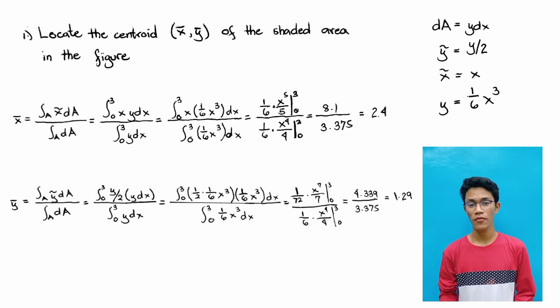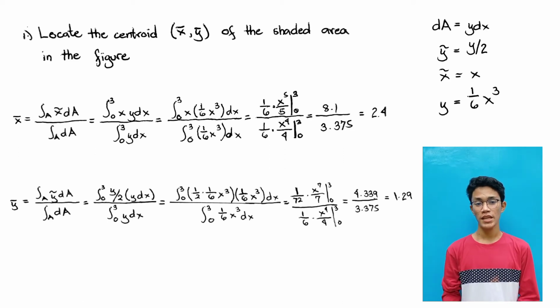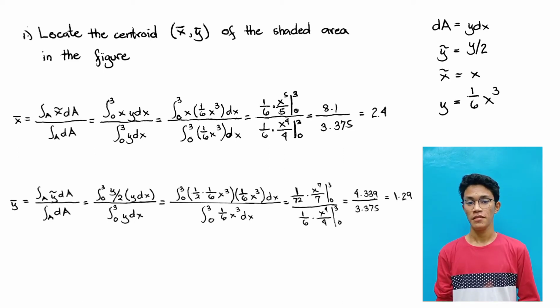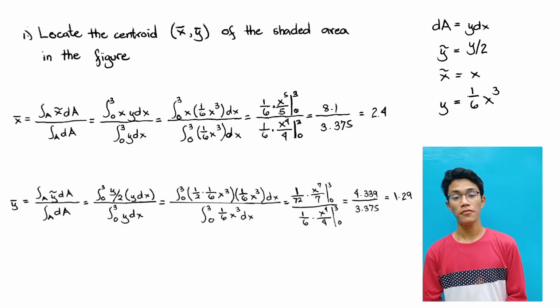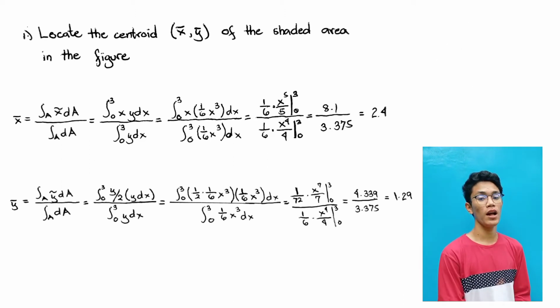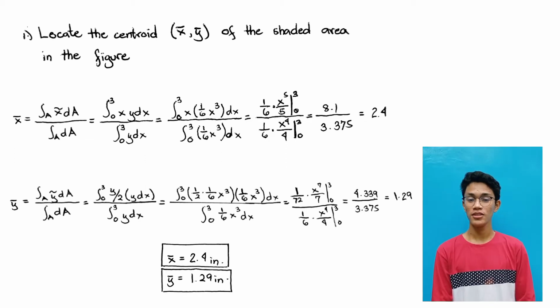Let us substitute the value for y curly, which is equal to y over 2, and dA is y dx. Then, substitute for the value of y, which is equal to 1 over 6 x cubed. By further integration, we can get that the value of our y bar is equal to 1.9. So, the shaded area has a centroid of 2.4 and 1.9.